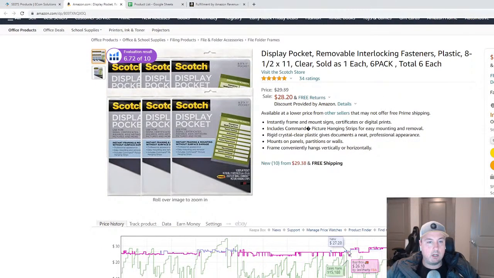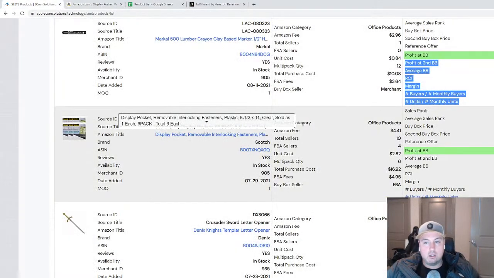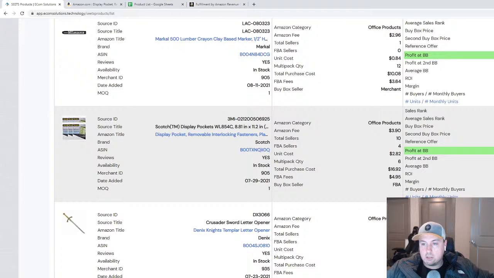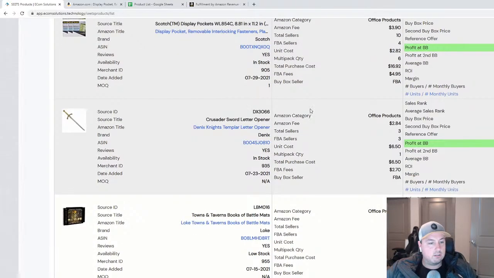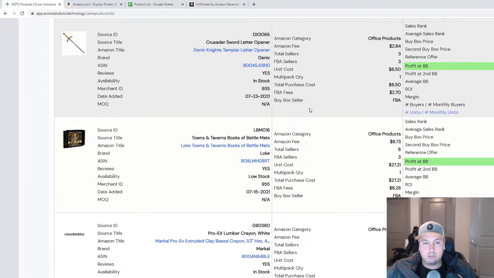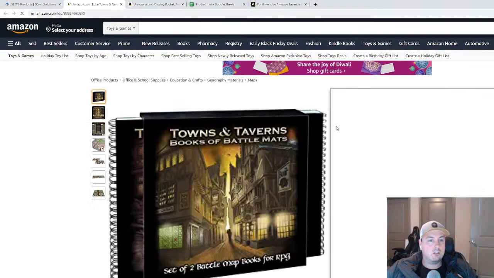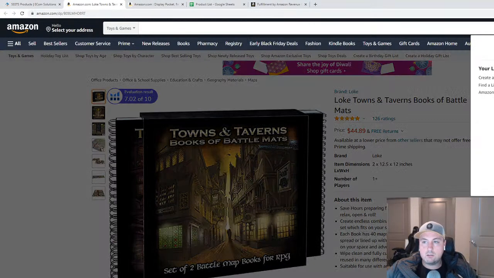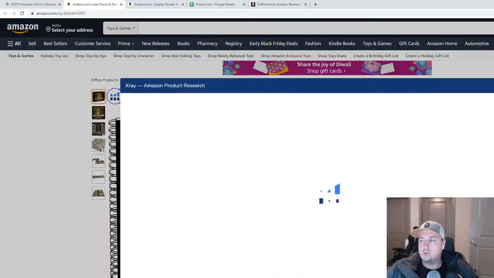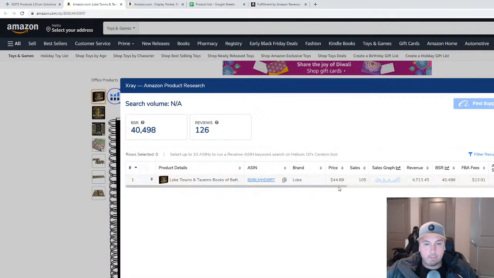Pretty consistent buy box. No real super low. I will say it's at a high point right now though. Looks like it's closer to like 26 bucks on average here. $105 sales.